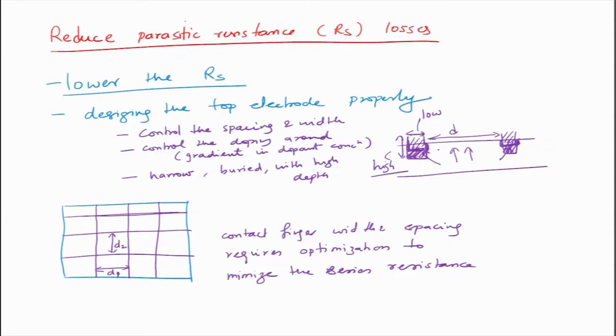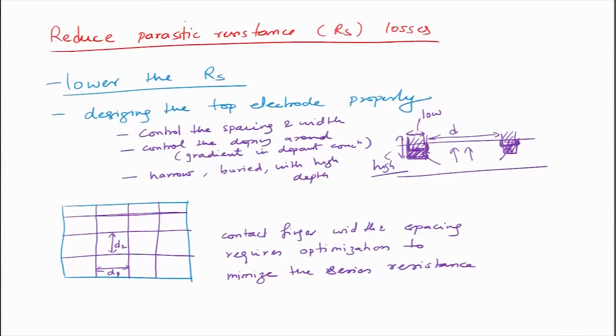So, what is important from the perspective of series resistance is to make it go as deep as possible. Of course, you cannot make it very deep because the N layer itself is very thin. So, you have to optimize the depth. So, make it go reasonably deep, make it narrow on top and optimize the distance between these two, so that carriers are efficiently collected. There should be no carriers which are not collected.